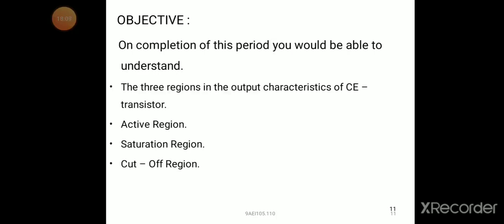So for that purpose we need to choose the operating point properly, in the middle of the characteristics. Now you can see the three regions we have. Generally the configuration has three regions: active region, saturation region, cutoff region.